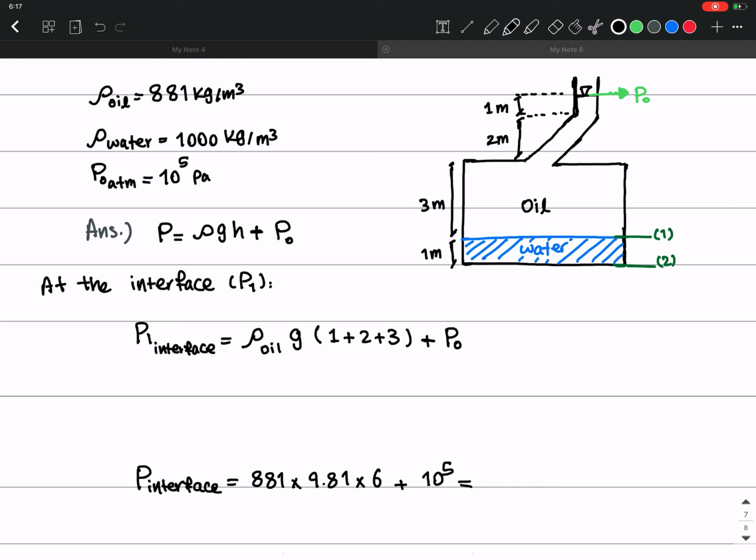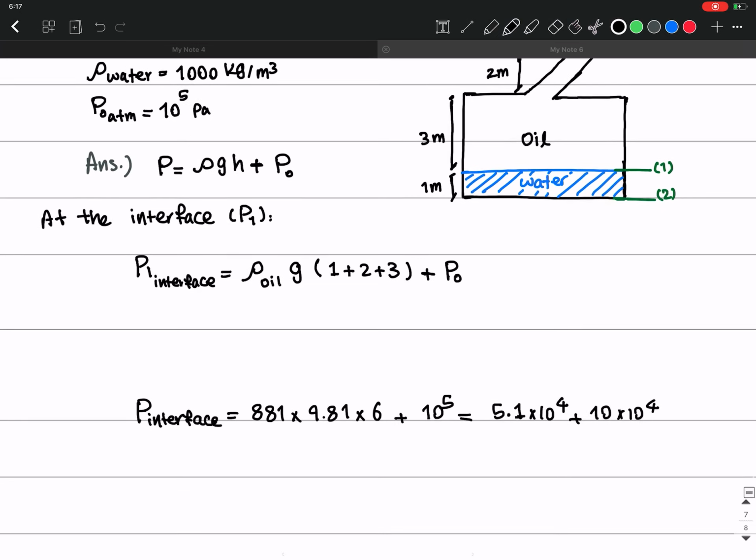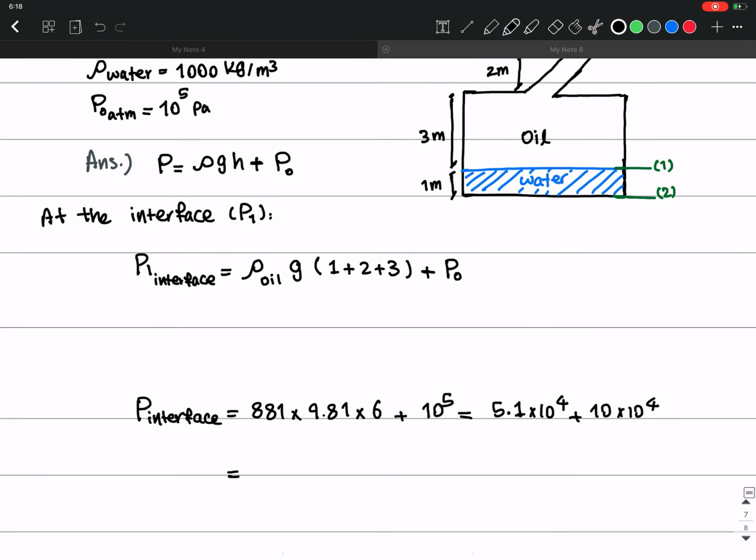If you add all of them, we get 5.1 times 10 to the 4 plus 10 to the 5. So finally, we get 1.51 times 10 to the 5 Pascal. And just so you know, again, 1 Pascal is 1 Newton per meter square, the SI unit.